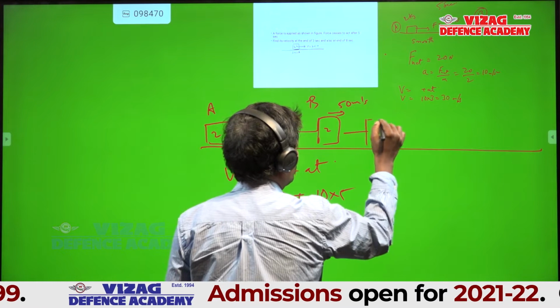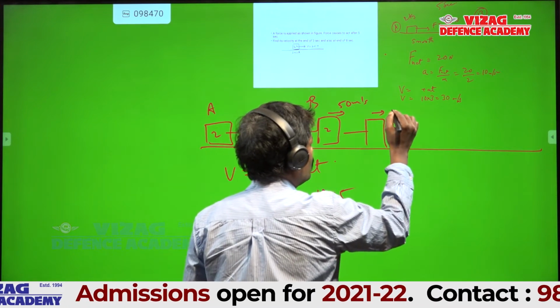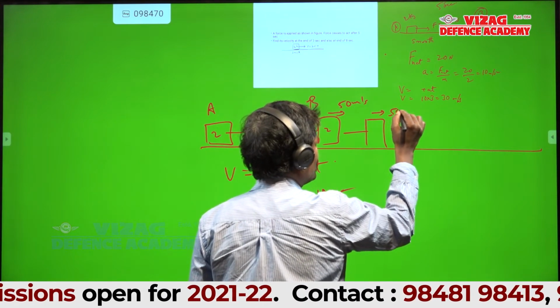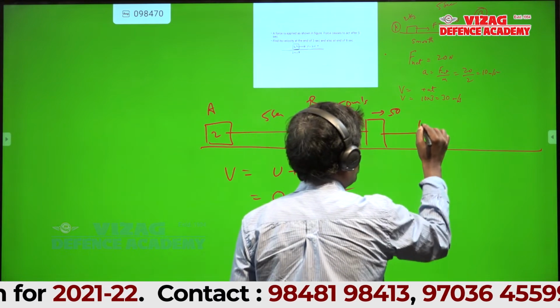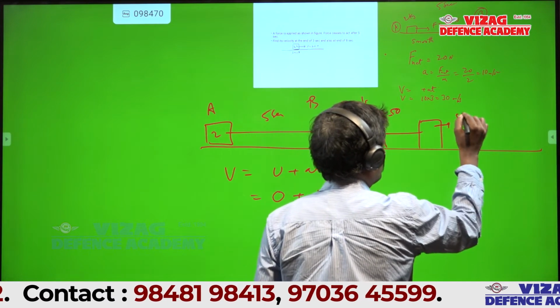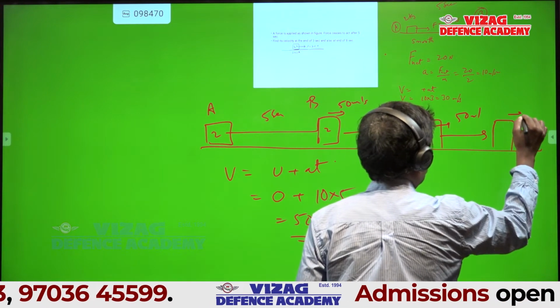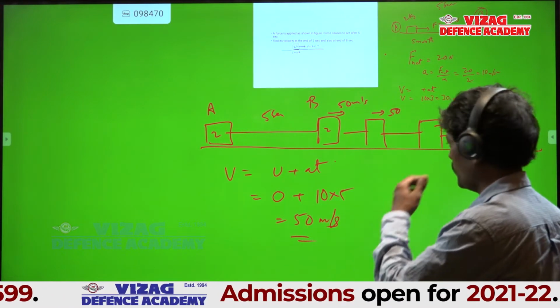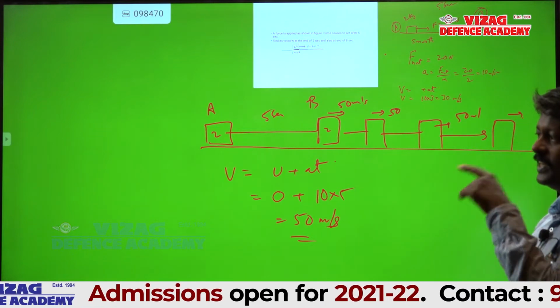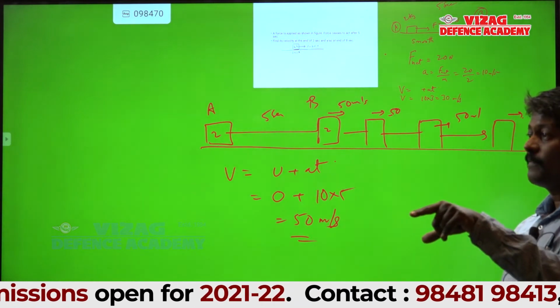After 6 seconds, it will have, can anyone guess? 50. After 7, it will have 50 meters per second. After 8, 50 meters per second. Yeah, someone answered 80. The velocity is 50 meters per second.